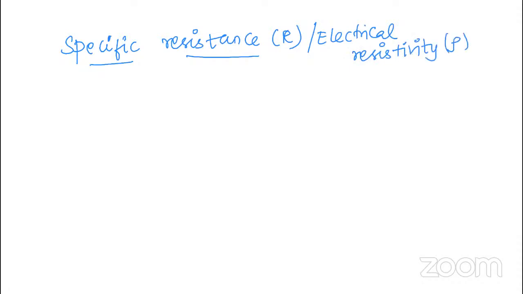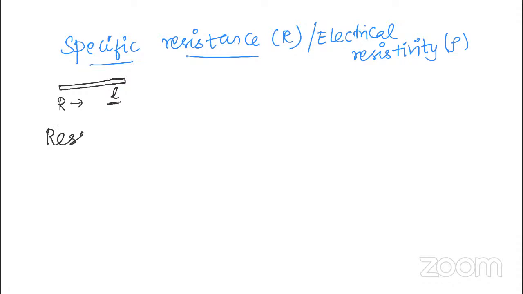Okay, suppose you are taking a wire. The resistance R of the conductor is directly proportional to length. So the value depends mainly on length.